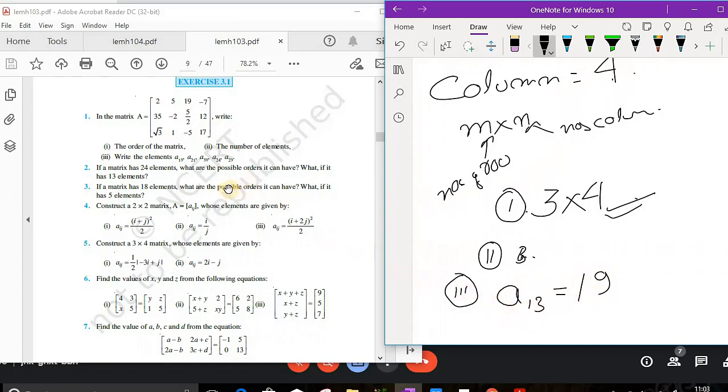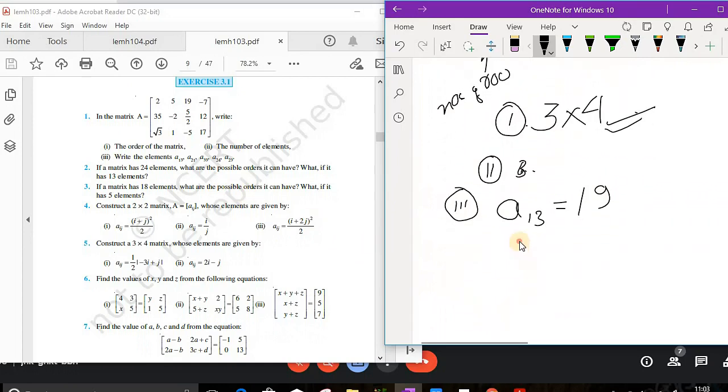Okay. Now next question. A21. Anybody? Other than the one who answered the first one. A21 means what? 2 means? 35. Yes, that should be in the second row, first column. First row, second row.